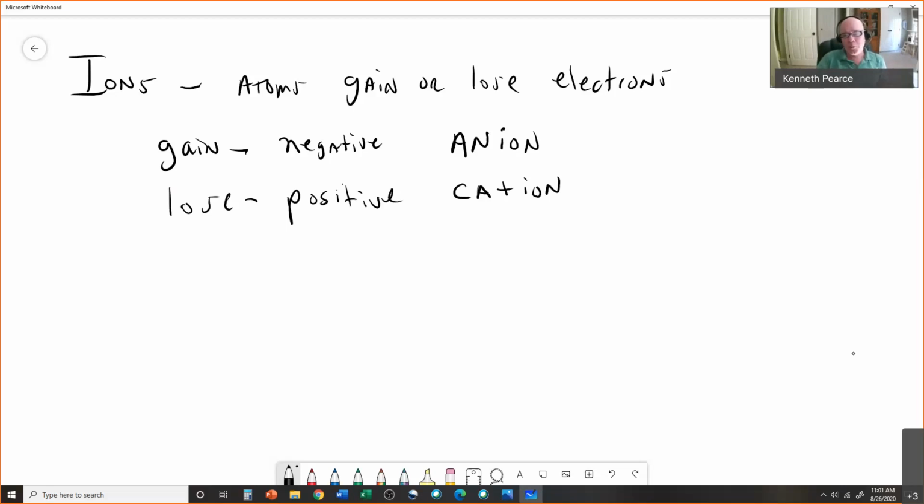Okay, and an example of an anion would be like chlorine minus, and we always put the charge on the upper right-hand side. This is the charge. Okay, and now as a cation, an example would be like sodium plus.